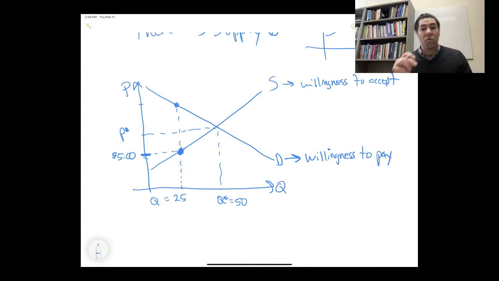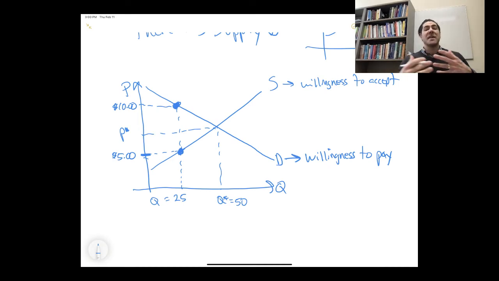If the quantity is 25, if you want to convince someone to supply 25 units of this good to the marketplace, the lowest amount they're willing to accept to do that is $5. That's their willingness to accept, or willingness to supply. At that same quantity, the marginal benefit or willingness to pay is much higher. Let's say that's $10.